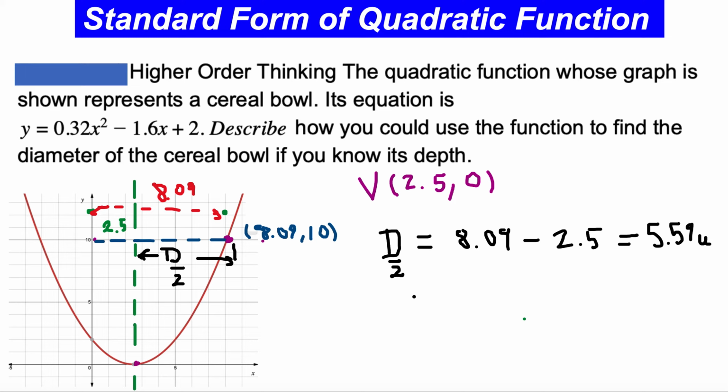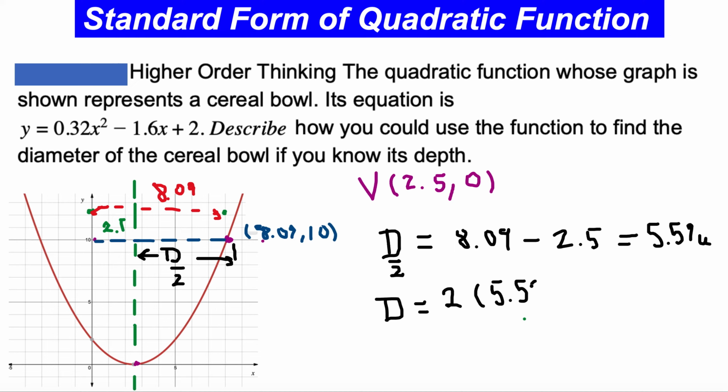Because the diameter is 2 times the half of the diameter, we just multiply this number by 2, and we get the diameter is 2 times 5.59 units, and we get the diameter of the bubble.